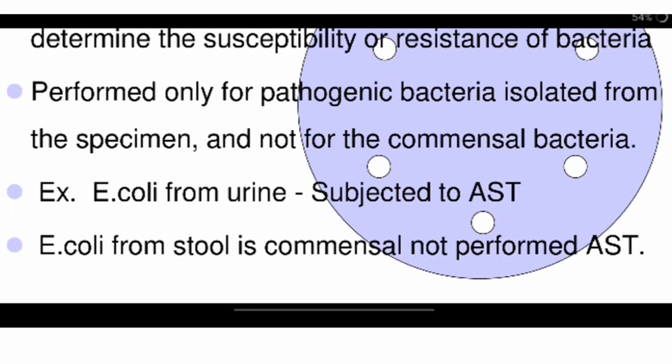For example, E. coli from urine is subjected to AST because we all know that UTI is caused by E. coli. So, when E. coli is isolated from urine, it is subjected to AST. And when the same E. coli is isolated from stool, it is commensal and AST is thus not performed.